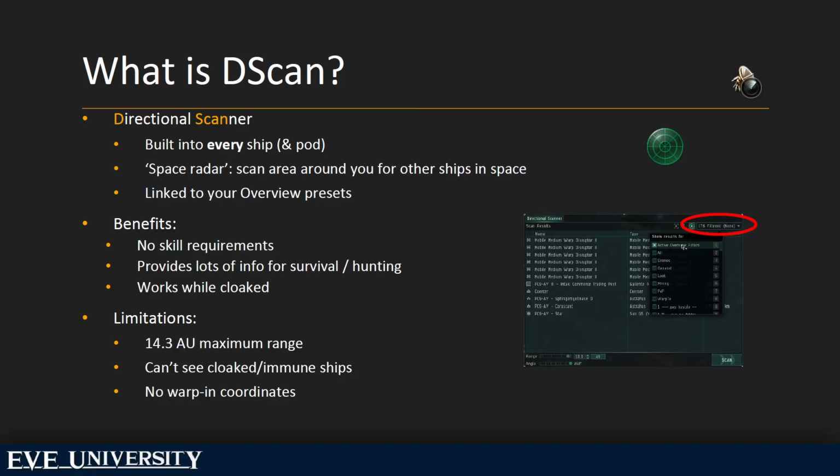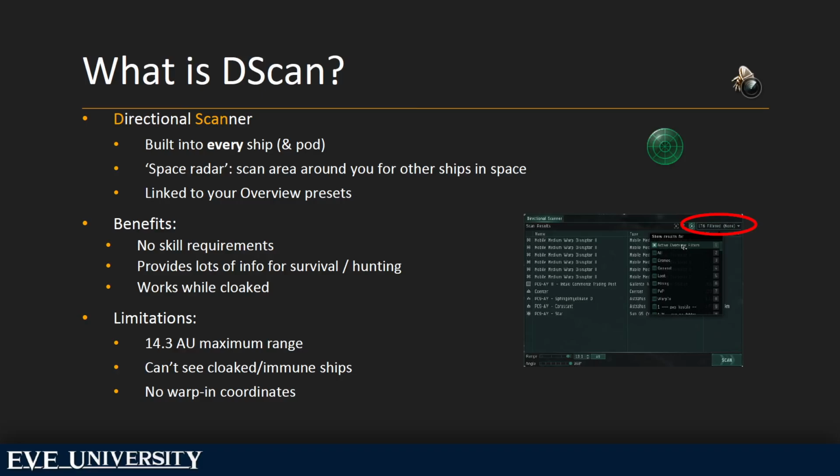So let's start with what is DScan. DScan is short for Directional Scanner. This is the intel tool that is built into every ship and pod. You can think of it as the so-called space radar. It shows you all the objects within a certain radius.